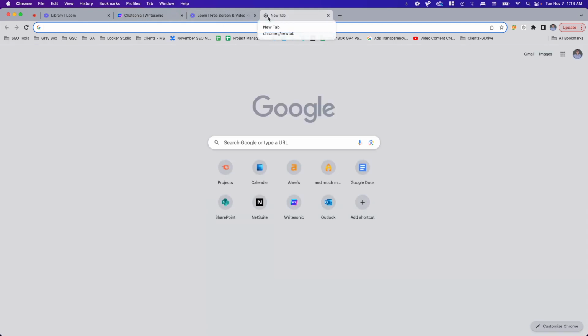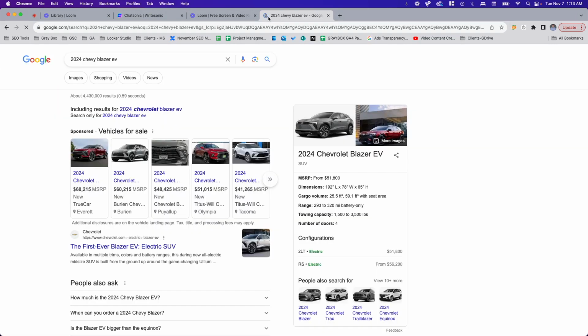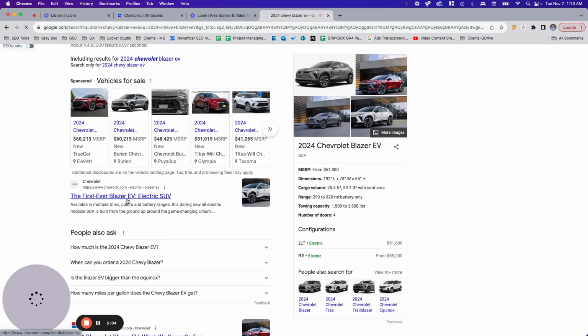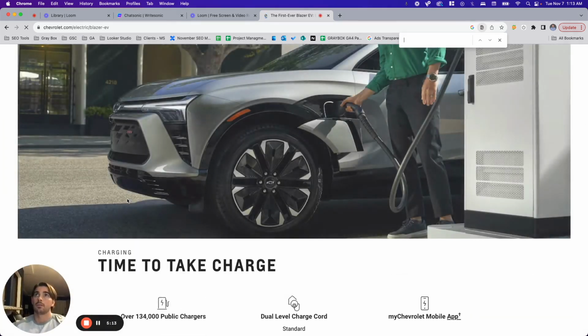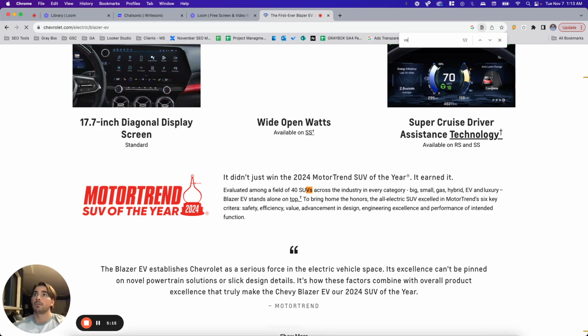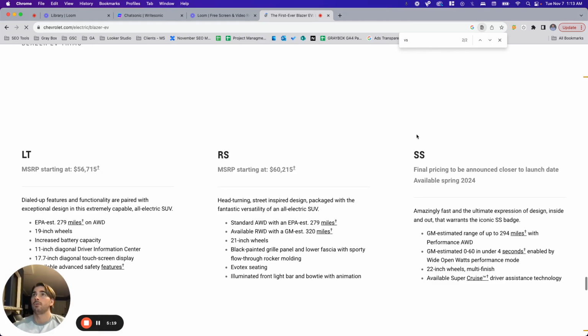Let's go 2024 Chevy Blazer. Let's look for Chevy's website and see if it has competing vehicles. Nope, no versus.